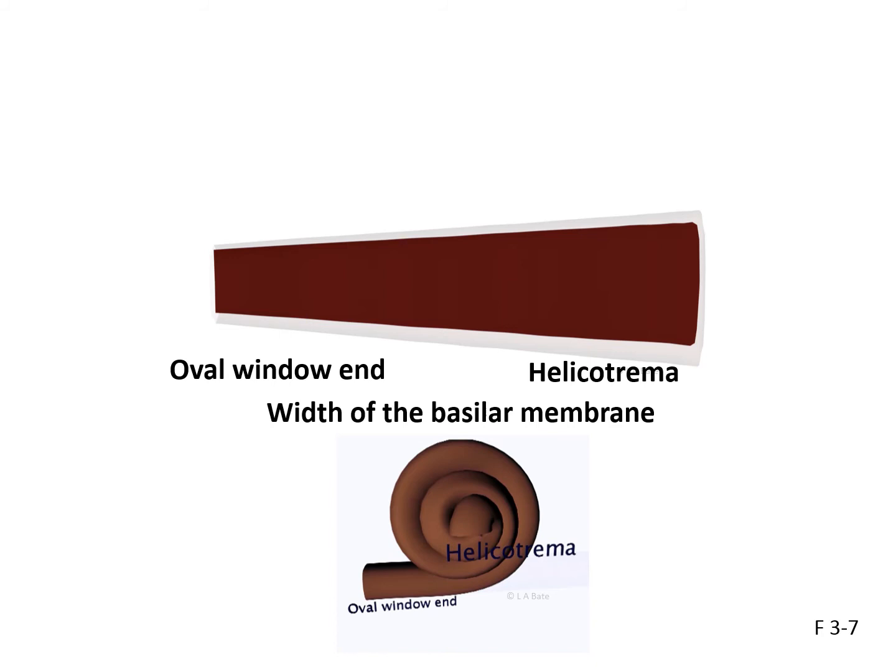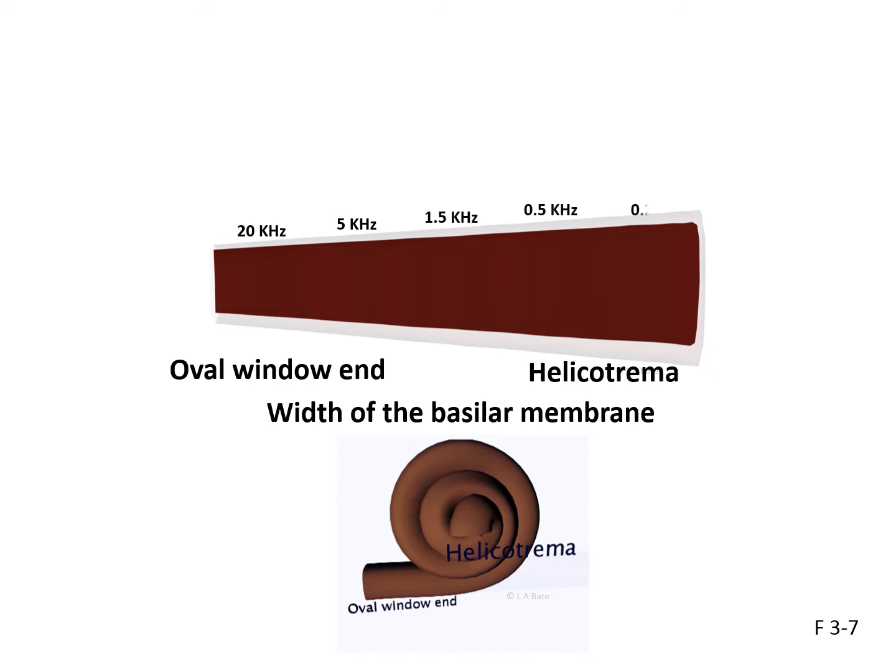The width of the basilar membrane determines which frequencies can deflect that section of the organ of Corti, therefore sending that frequency signal to the brain. The basilar membrane at the oval window, being narrower, can only be deflected by high frequencies.